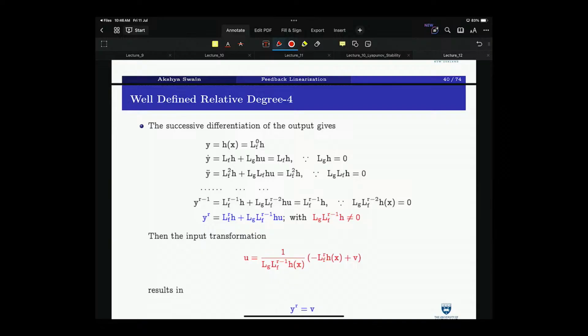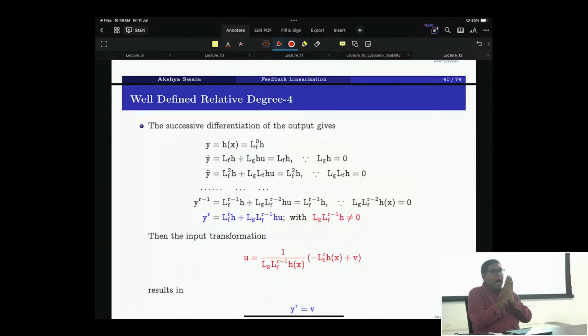We'll give an example. I'm not entering mathematics now. How to find out a linear relationship between the output and a pseudo input. That is the objective now.